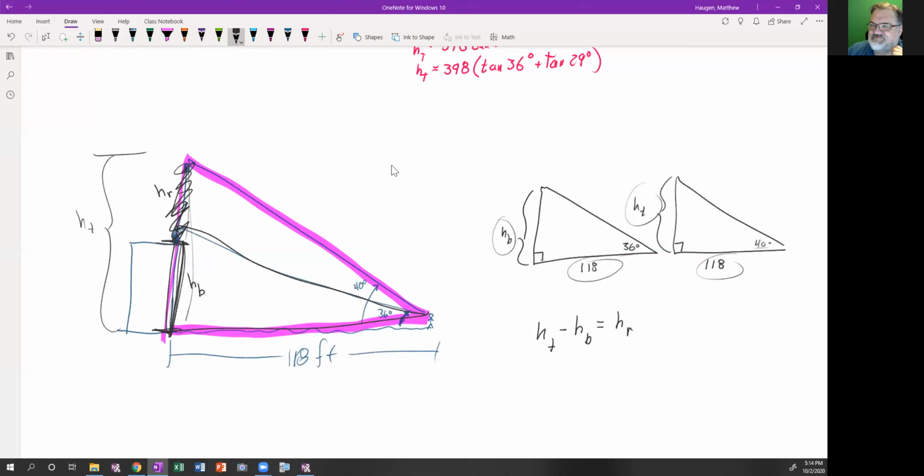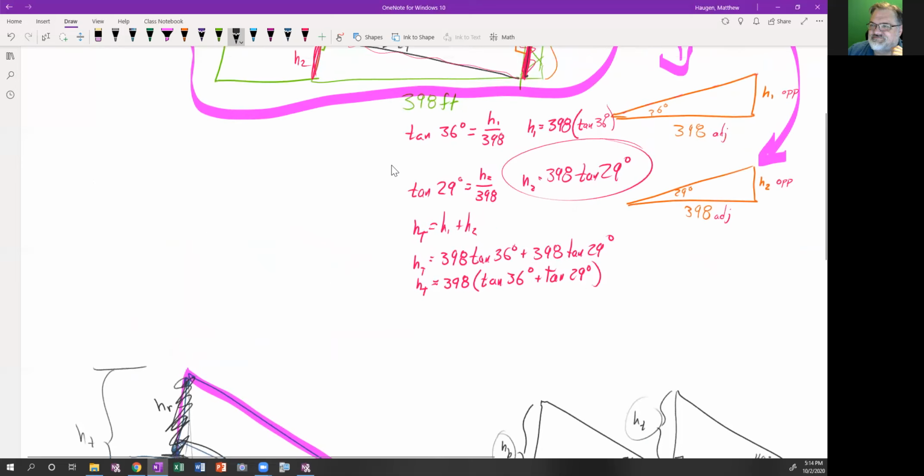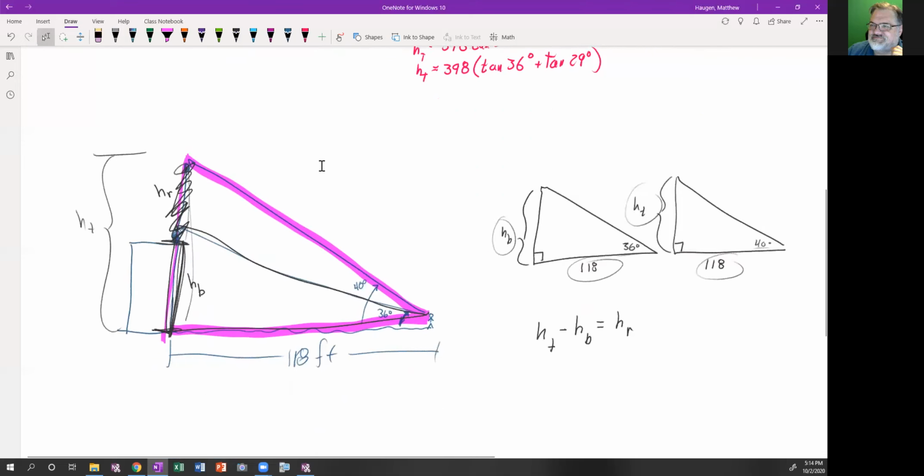So it's still a tangent problem. The angles change and the adjacent sides change, and we subtract instead of add. But other than that, this problem is very similar. Neither of them want this hypotenuse length. Neither of them tell us the hypotenuse length. So no sine, no cosine, all tangent.